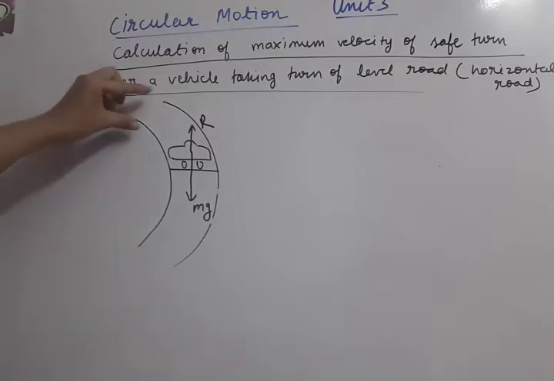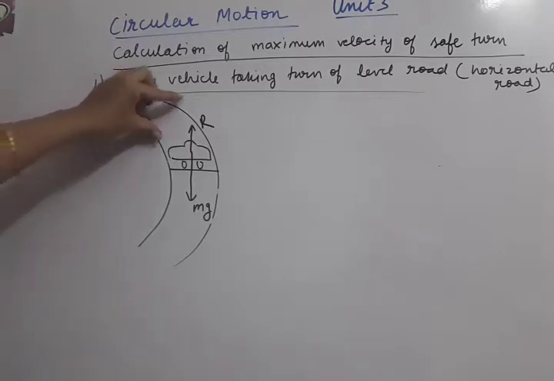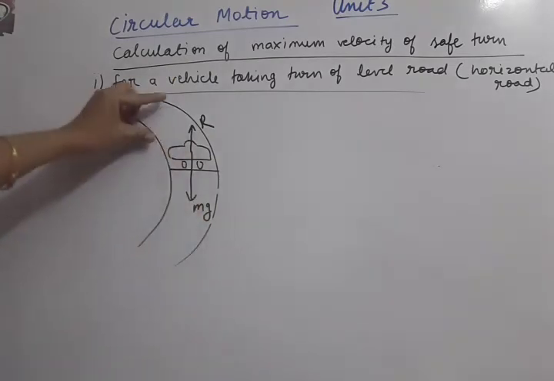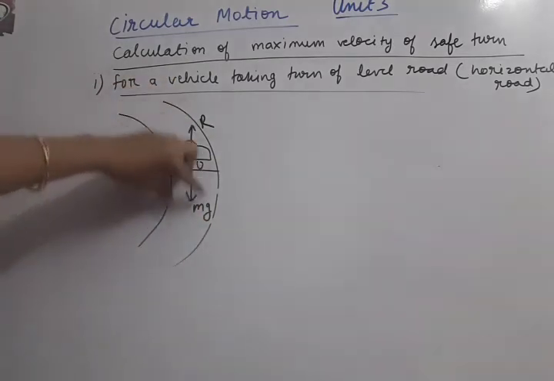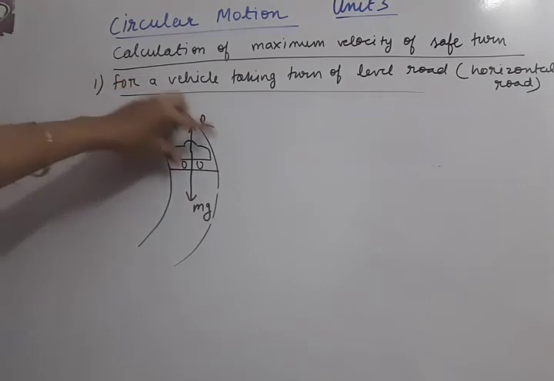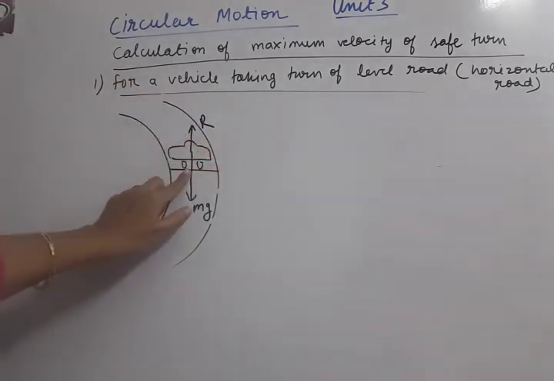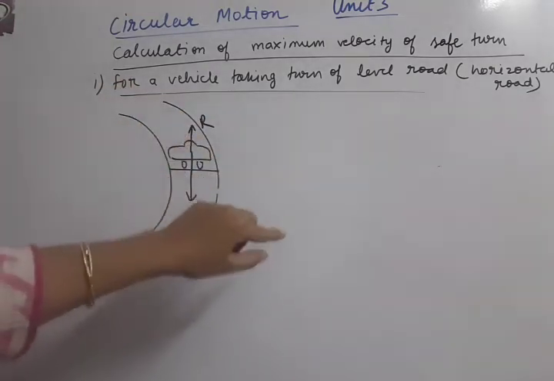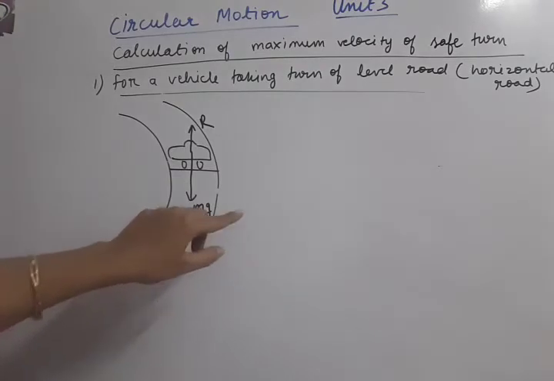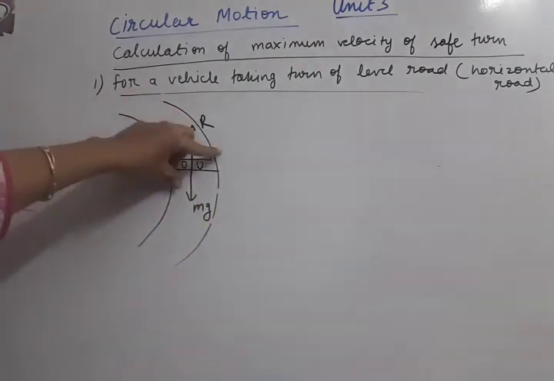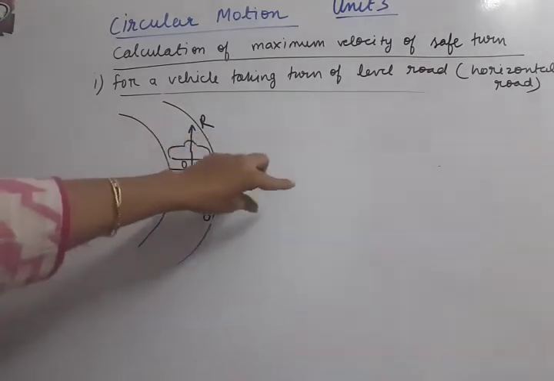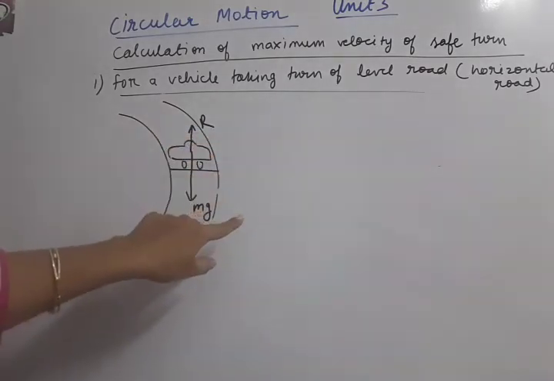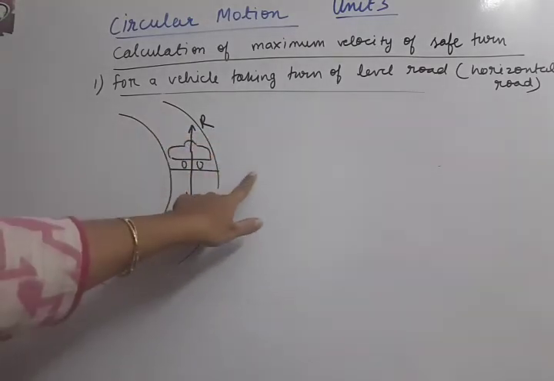How is it happening? You can see that as the vehicle takes the turn, if it is at uncontrolled speed, the tires of the vehicle try to leave the road, away from the center. You must have experienced this.